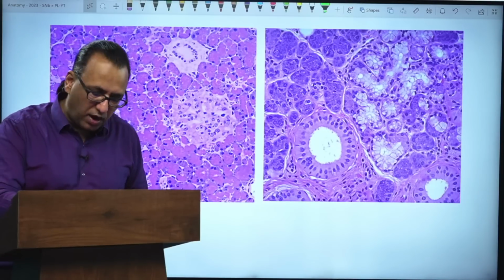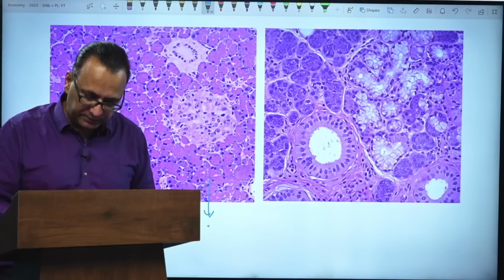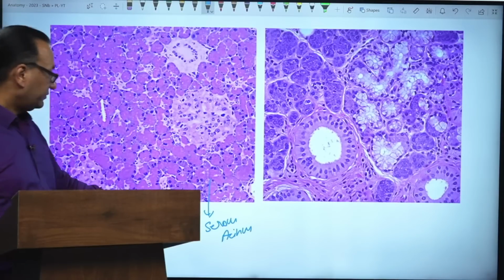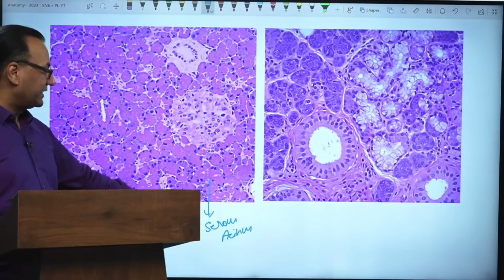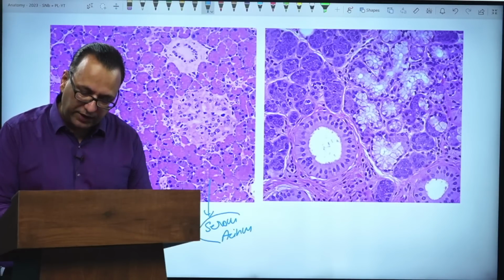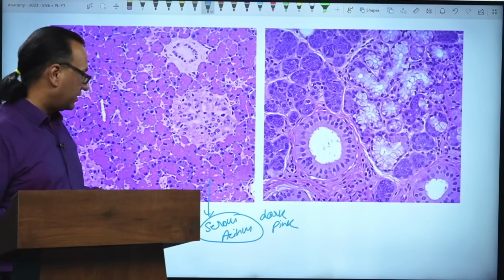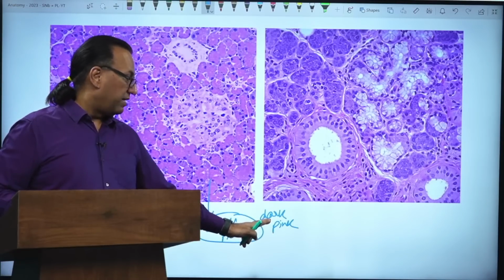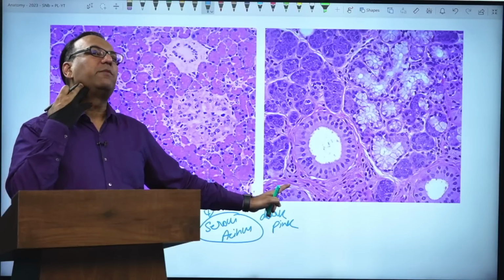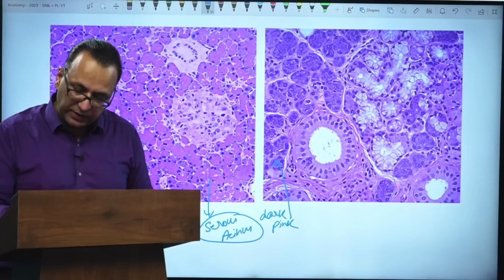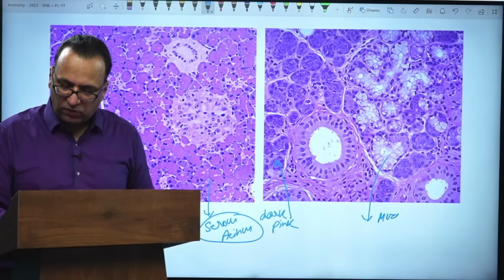So if you are talking about the pancreas, it is only serous acini. They are all serous acini. Serous acini are identified by the fact they are staining dark pink in color. But if you look into submandibular salivary gland, you will not only have the serous acini, but there are mucus acini also.